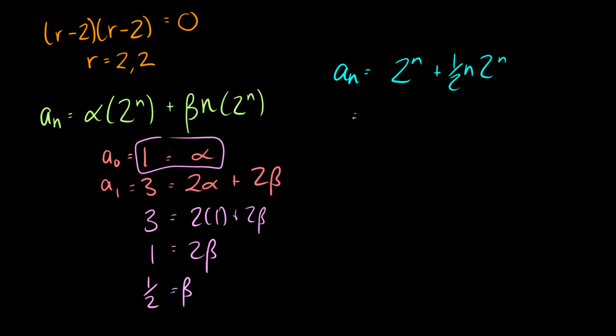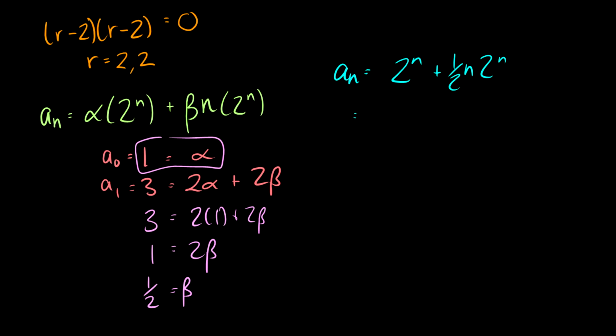So let's actually factor out a 2 to the n here. So this is 2 to the n times 1 plus 1/2 n. Okay, that would be our solution here. In fact, we could actually simplify this a little bit nicer. We could factor out 2 to the n minus 1.